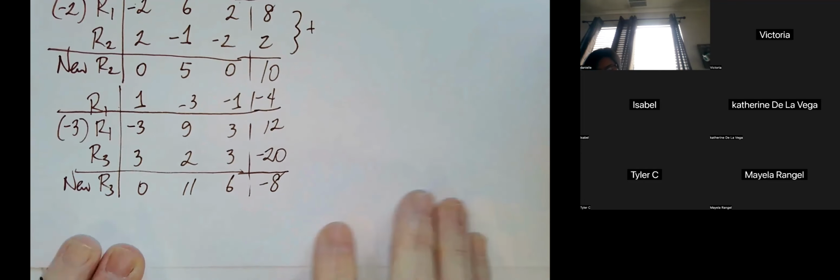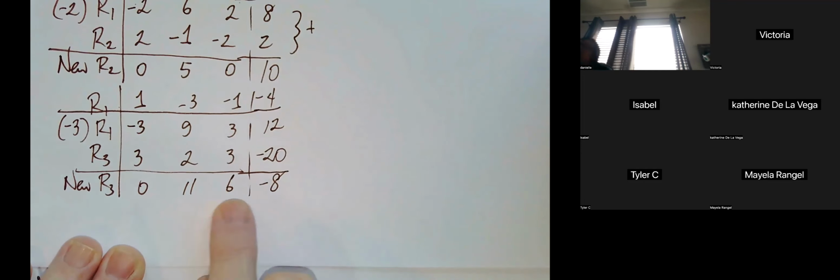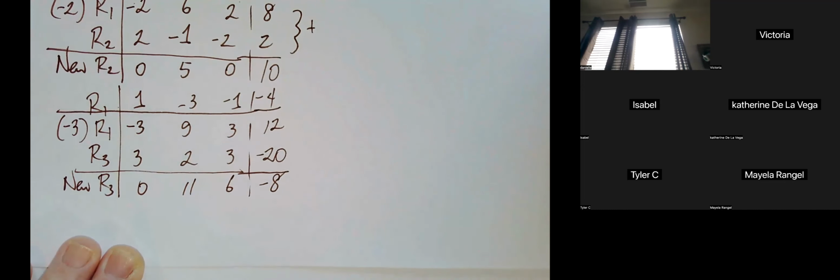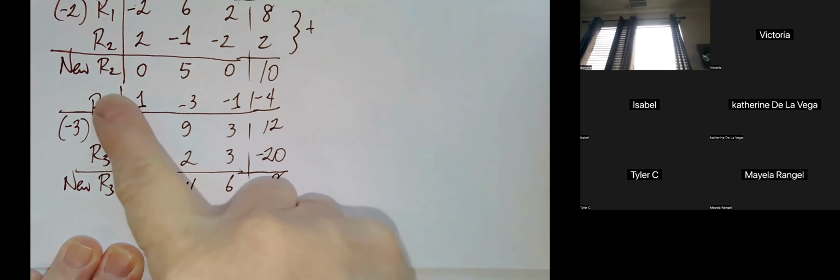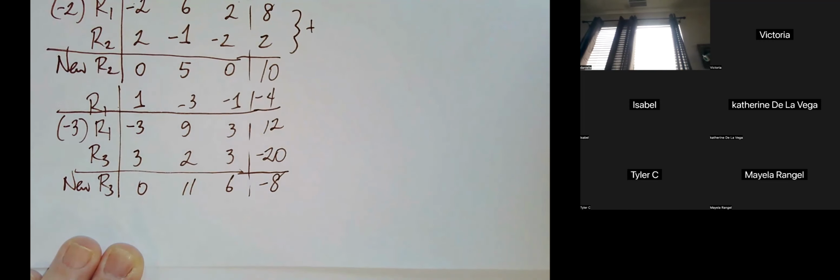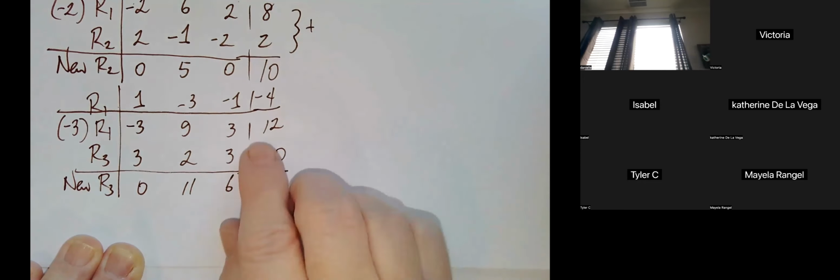Awesome. Now, why am I not freaking out that these don't all have the same common factor? What's different, in other words, between the new R2 and the new R3? Yes, exactly right.